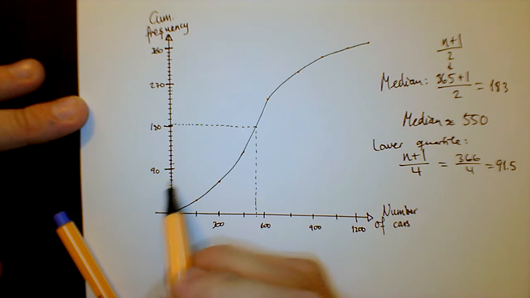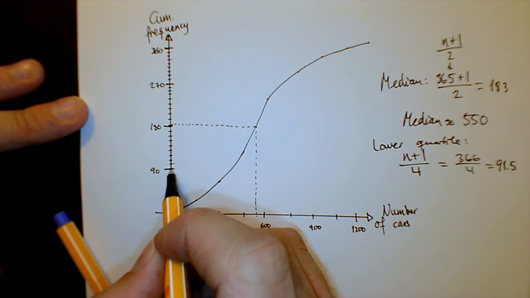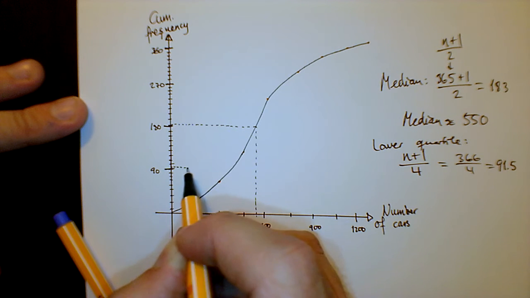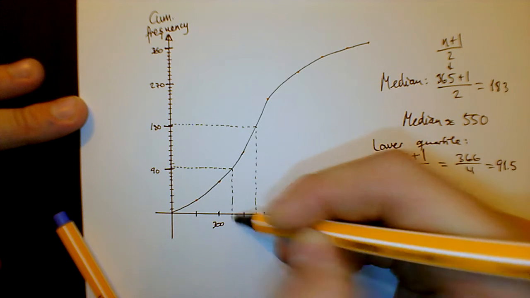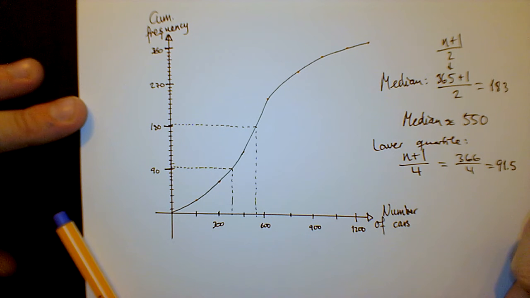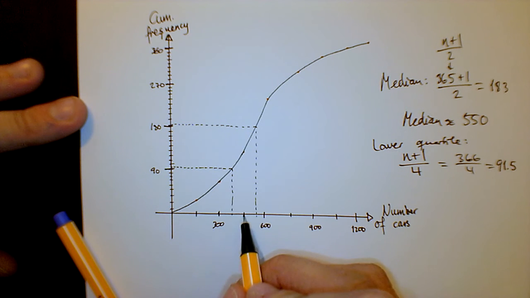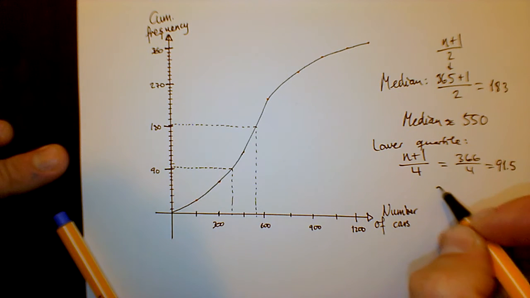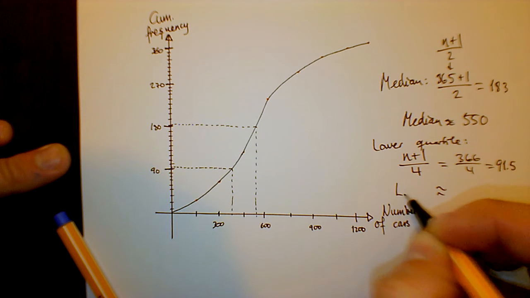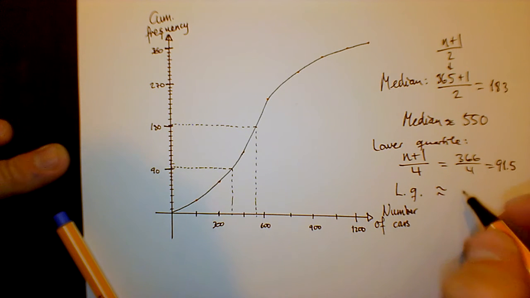And then we go to the cumulative frequency curve, and we go to 91.5 approximately here, and we see that that should give us approximately, should we say 300, 450, so somewhere in between, 375 maybe. So the lower quartile is approximately equal to 375.